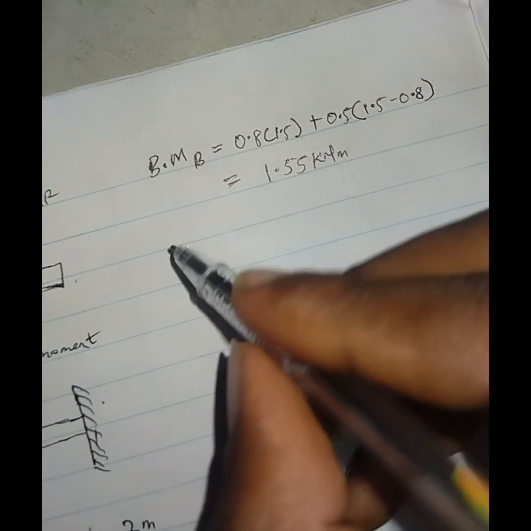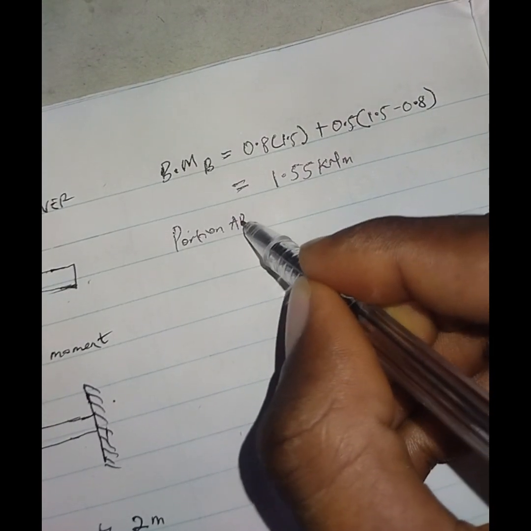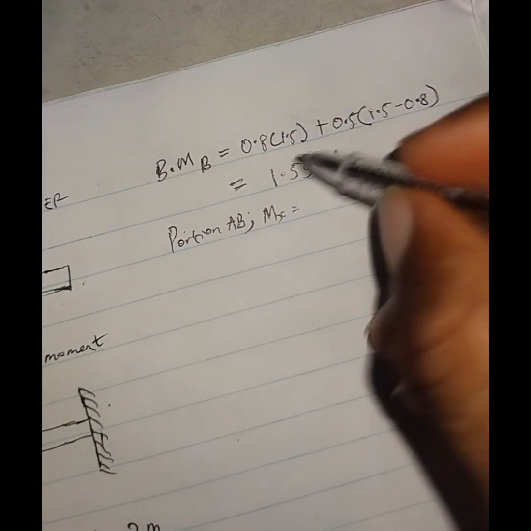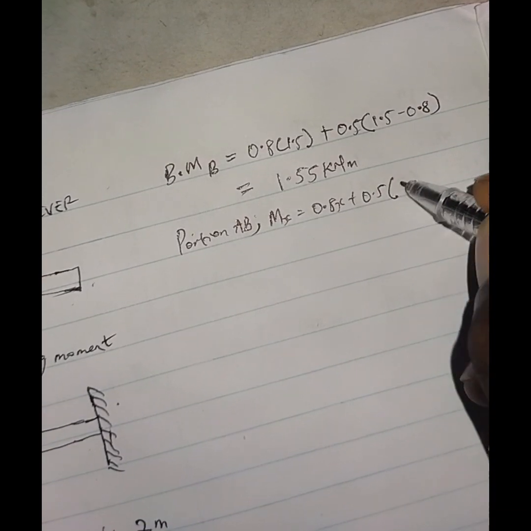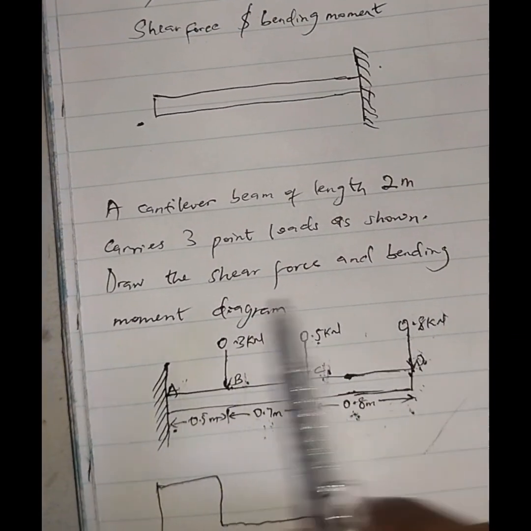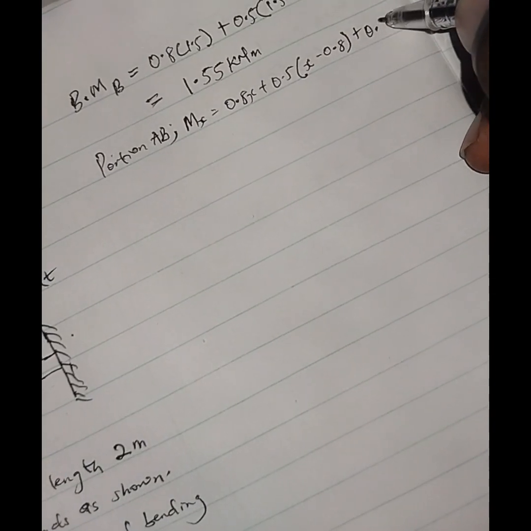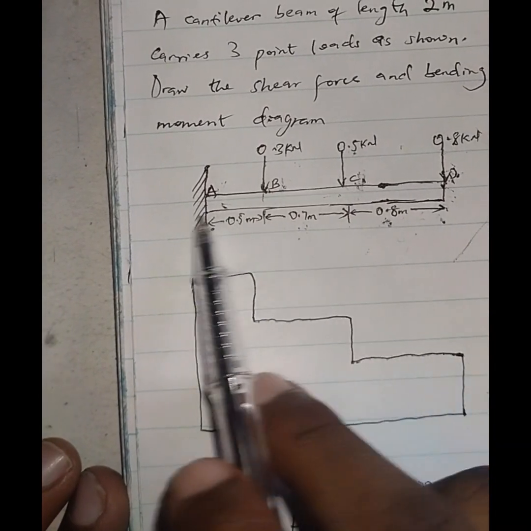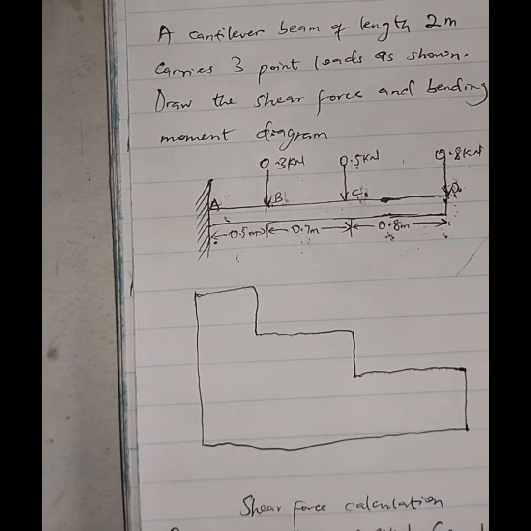So now the last one, you will say portion AB. Mx is now equal to what? Write down the last formula down. 0.8x plus 0.5 into bracket x minus 0.8 plus, now you can see this point on B, so that is 0.3 into bracket. So the total distance now is 2. 2 minus what will give me 0.5? That is 2 minus 1.5.